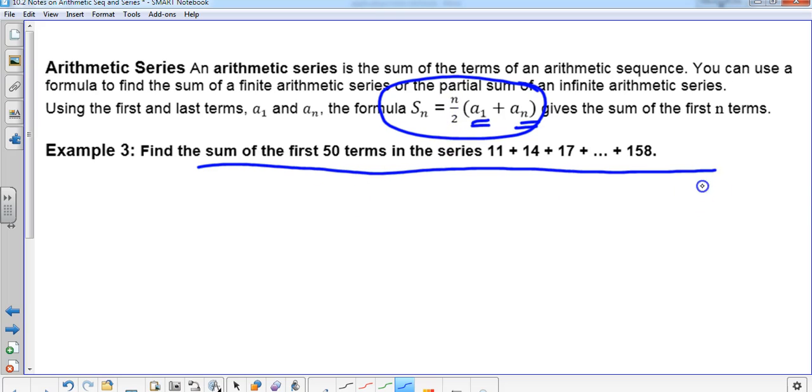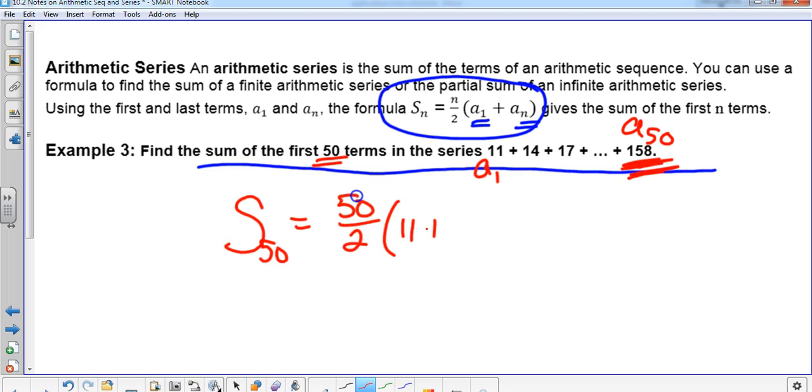When they give it to you like this and they give you the last term, they're telling you this is term 50 and this is term 1. So to find the sum of 50 terms, you just do 50 divided by 2 times 11 plus 158. This is super easy when they give you this kind. And again, the formula will be on the page.